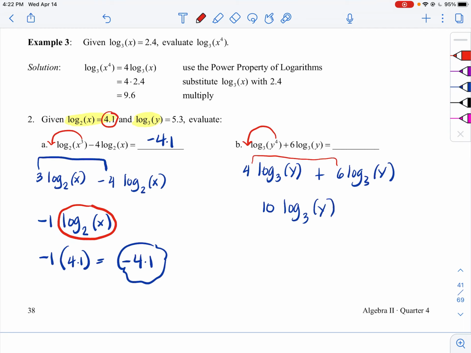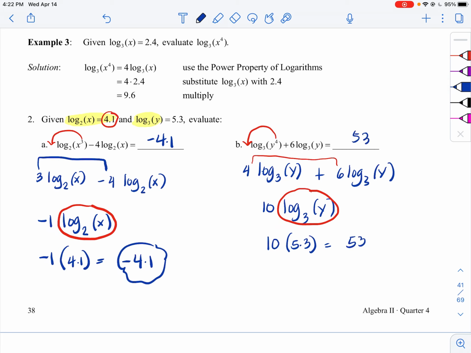And we were told in the problem that this log base 3 of y has a certain value, which is 5.3. So I can further solve this as 10 times 5.3, and that is equal to 53.